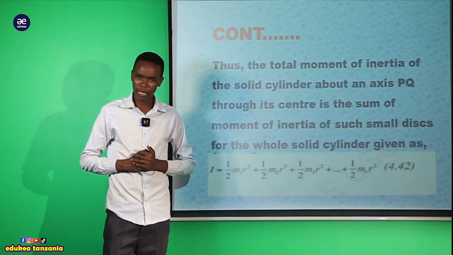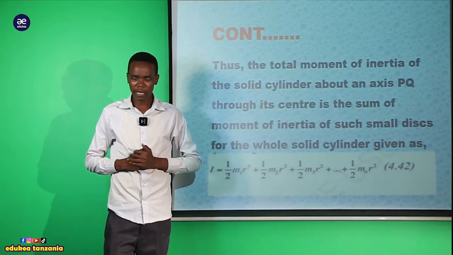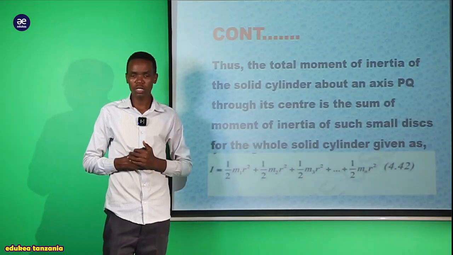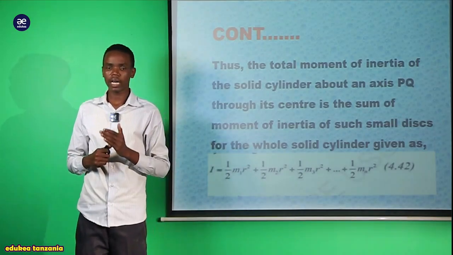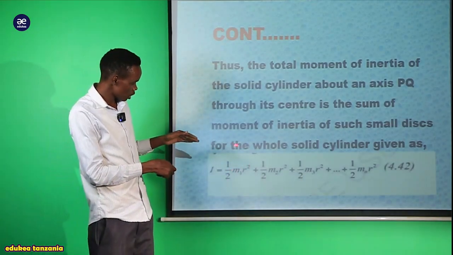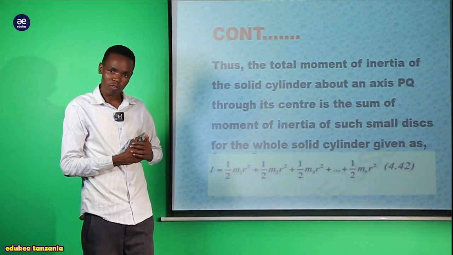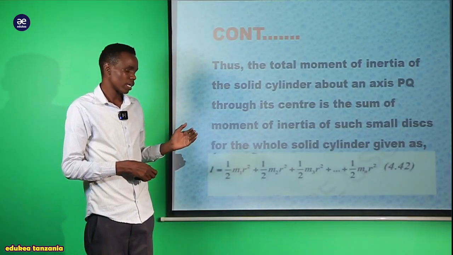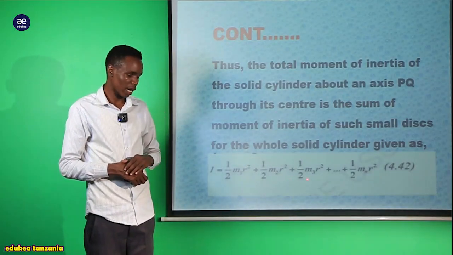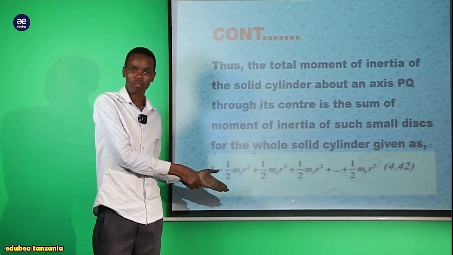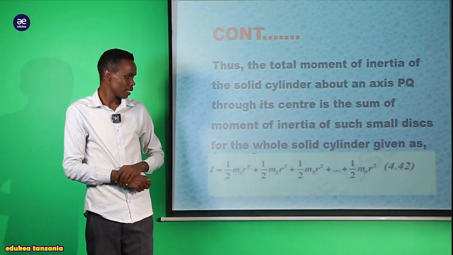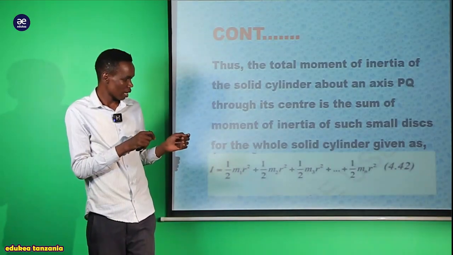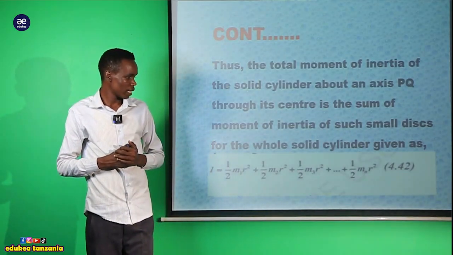But we know their meaning, so how can it be expressed? Now, if we substitute the formula for each I, the total moment of inertia for the solid cylinder must be equal to half m1 r², then we add half m2 r², which is for the second disk, then we add half m3 r², and so on, plus half mn r².